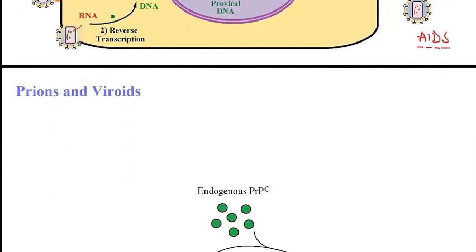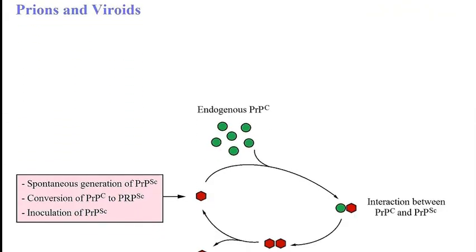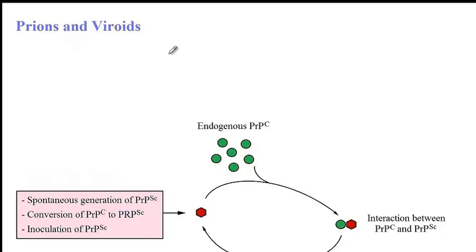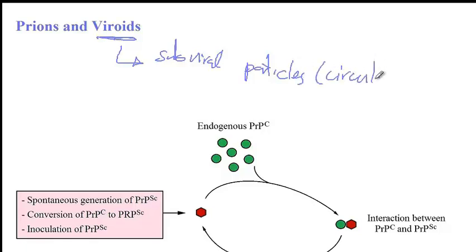All right, the next topic is prions and viroids. So first I would like to describe the viroids. Basically viroids are subviral particles that are made of a circular RNA, and they do not have a capsid.